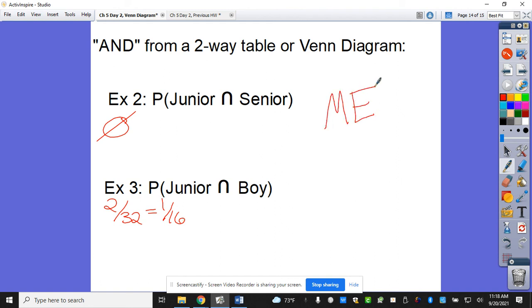So if they are mutually exclusive, what does this symbol mean? If they are mutually exclusive, the and is going to be 0 because literally they do not overlap. There's nothing in the overlap. Whereas here, they're not mutually exclusive. There is something in the overlap, which means they're not mutually exclusive. So if the and is 0, they're mutually exclusive. If the and is not 0, they're not mutually exclusive.